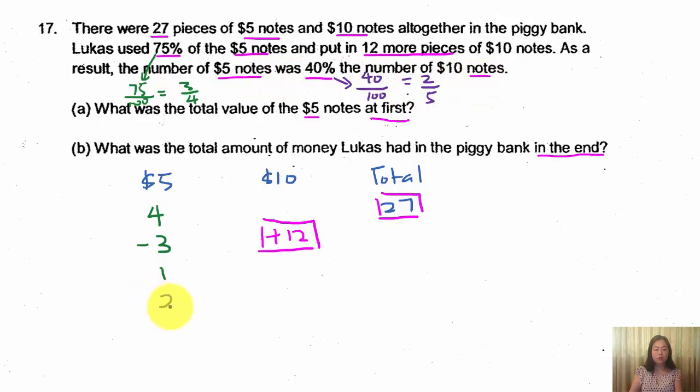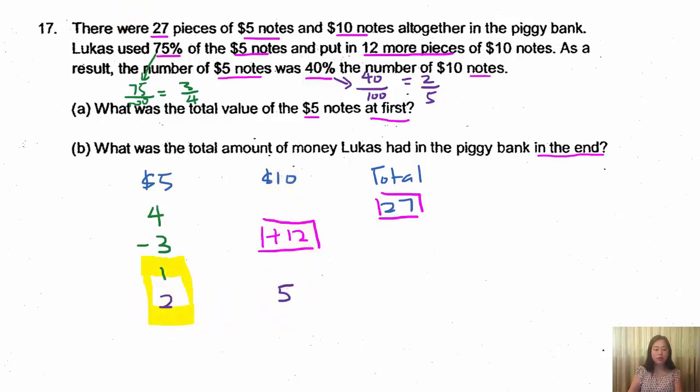So this will be 2 and this will be 5. So this is the most important information in our question because it refers to the $5 in the end when you compare the change in the $5 by looking at the green number, and here it refers to the $5 in the end when compared to the number of $10 notes.